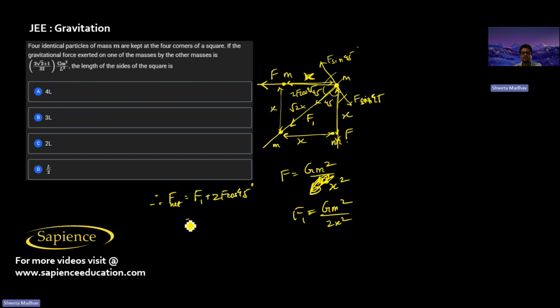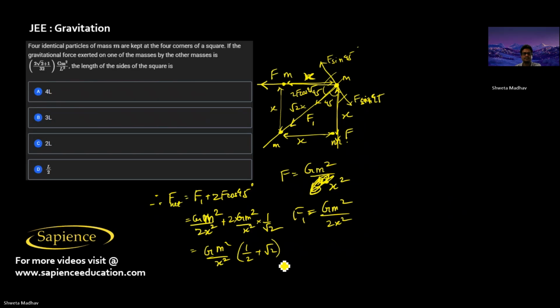F1 is G m square by 2x square, plus 2 into G m square by x square into cos 45, which is 1 by root 2. I can write it as G m square by x square times (1 by 2 plus 2 by root 2, that is root 2). So this is the net force.